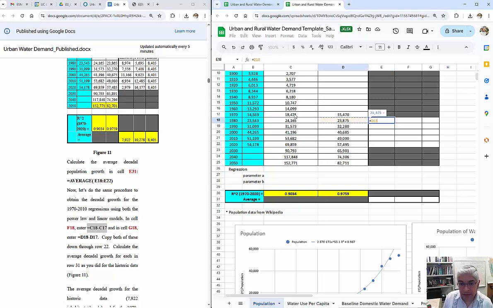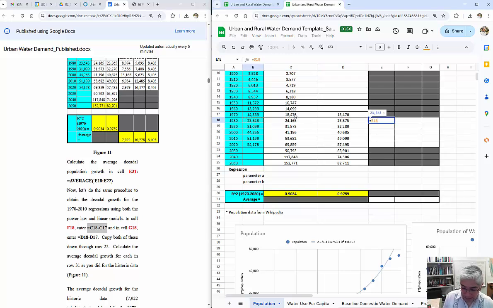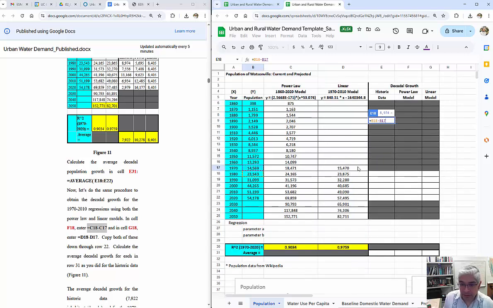In order to calculate the decadal growth, we subtract this. Well, actually, this is the historic value. We'll subtract this minus this. In this case, this will be the historical decadal growth. What this is doing is estimating how much the population grew from 1970 to 1980, and this will be from 1990 to 1980, and so on.